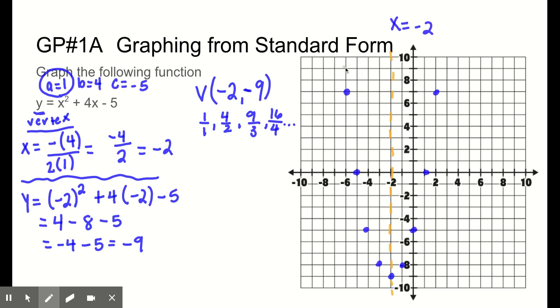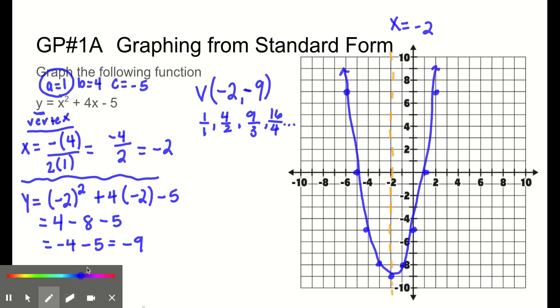That's as many points as we can fit on here. Remember, you always put as many points possible. And go ahead and connect your points to make your parabola.